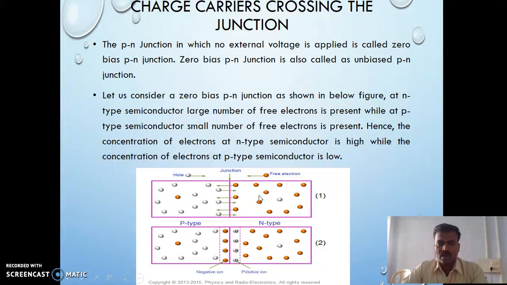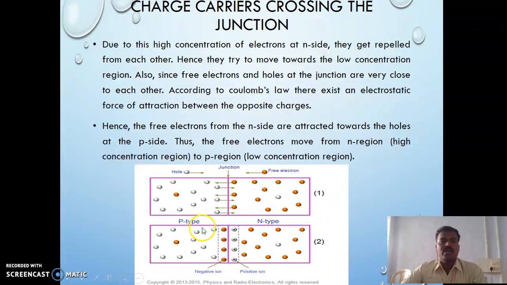According to Coulomb's law, in N-type semiconductor the concentration of electrons is very high, while the concentration of electrons in P-type is very low. Due to this high concentration of electrons at the N side, they repel each other, so the electrons try to move to the P-type semiconductor.